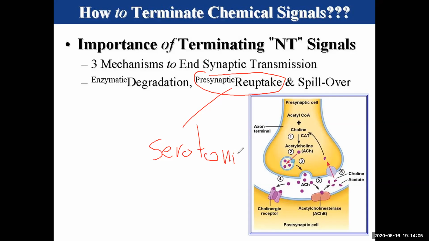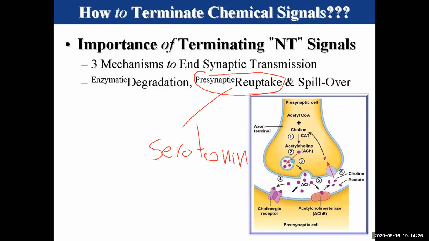And in fact, Prozac is a medication that prevents serotonin reuptake. So it prolongs the stay of serotonin in the synaptic cleft to increase synaptic transmission, to alleviate affective disorders such as depression.